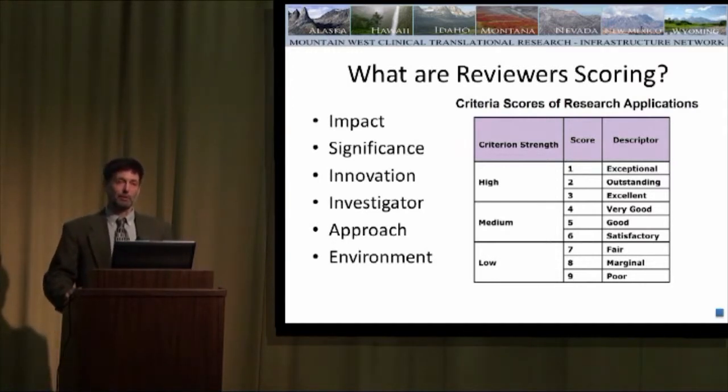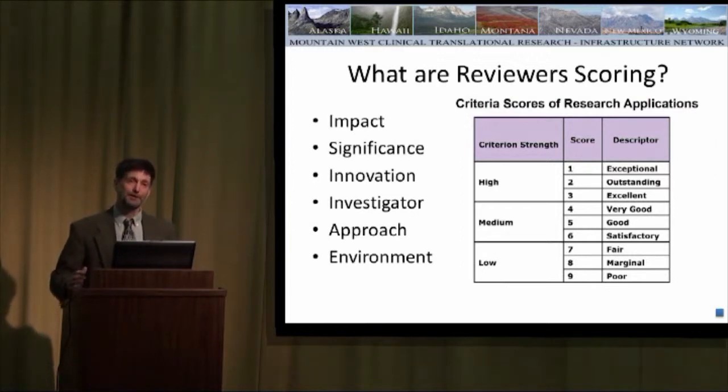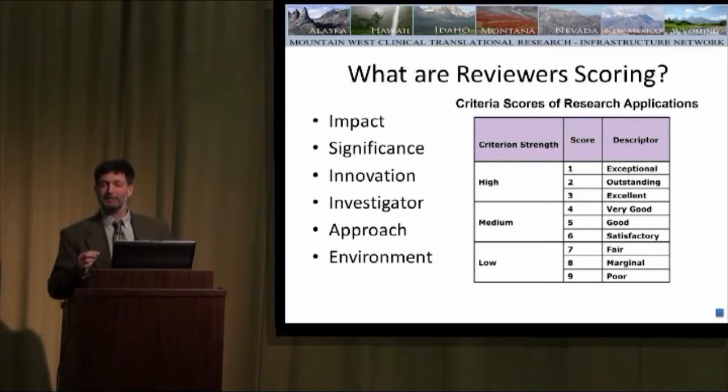And the impact score is the reviewer's overall determination of how important the research is, and in the specific case of our pilot grant program, how likely it is that this pilot grant research proposed by the investigator will generate the key preliminary data that's needed for a successful future extramural grant application.